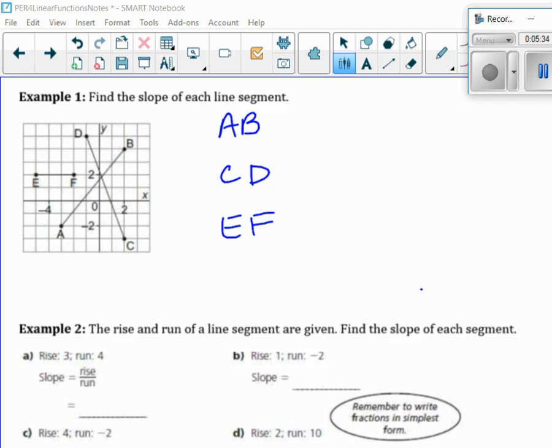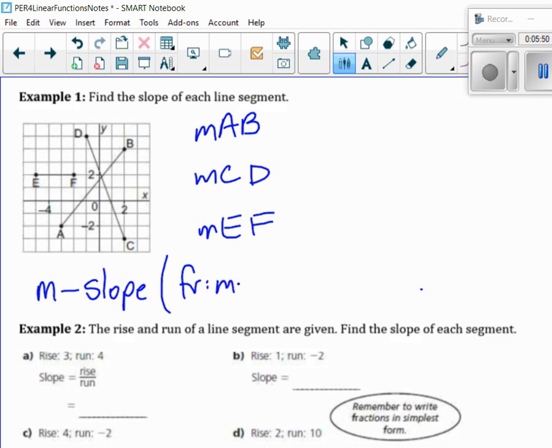To climb, yeah. So m is slope, and that is the French. Maybe that'll be a bonus thing somewhere.